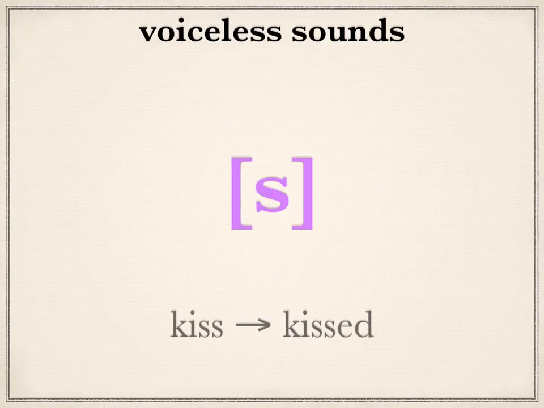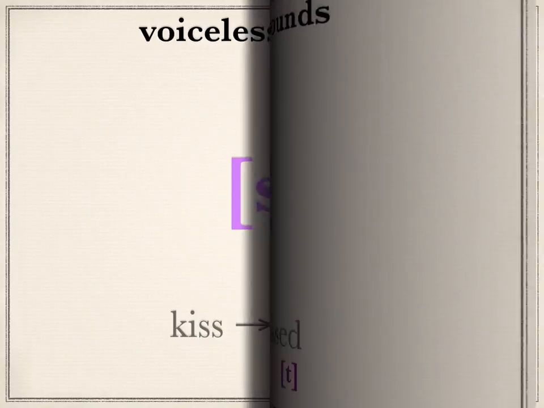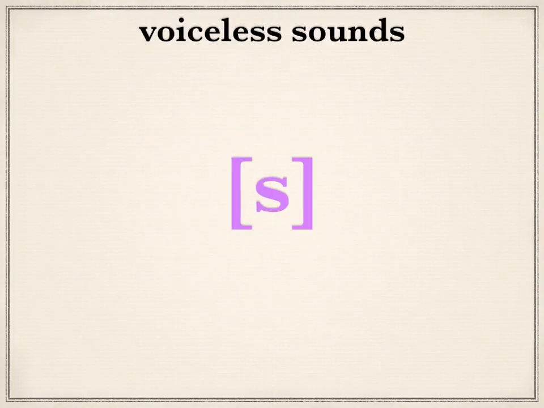Next, kiss becomes kissed, kissed. Again, another one with the spelling a little bit different, but still that same s sound at the end would be race, becomes raced, raced.